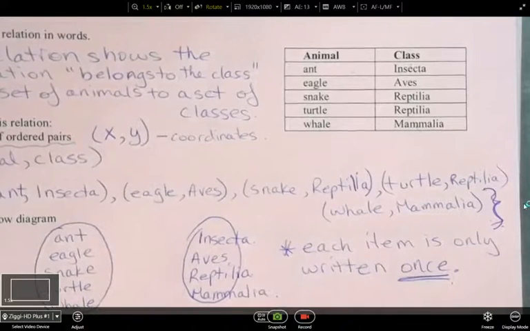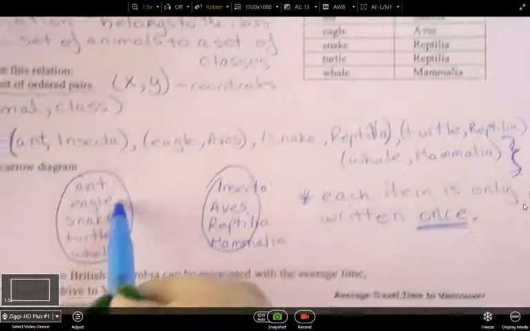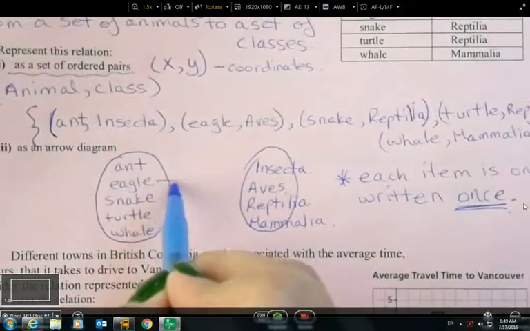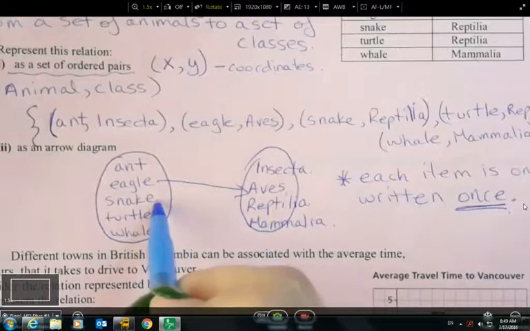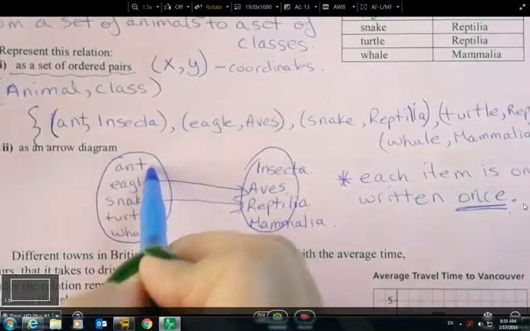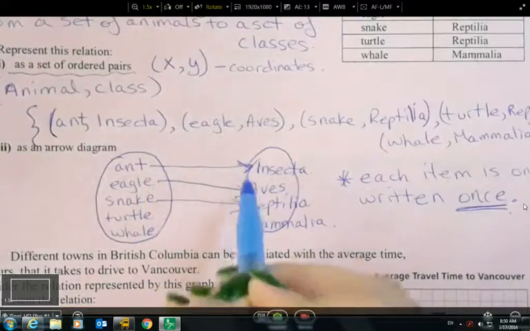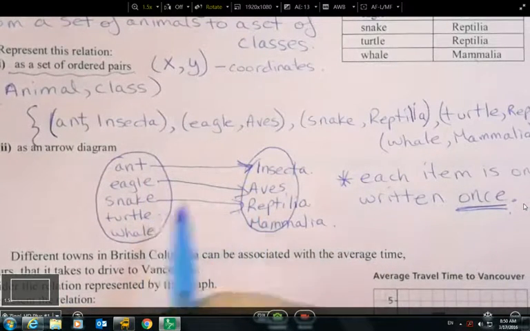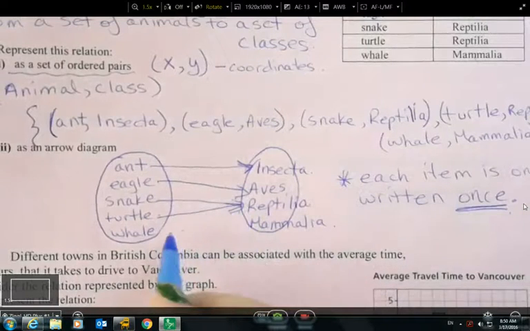Okay. Where does eagle go to? So now I want to draw an arrow to Aves. Now snake goes to Reptilia. Okay. Why did I forget about ant? Ant goes to Insecta. And then, excuse me, how about turtle? That also goes to Reptilia. So you've got two of them going to the same one.